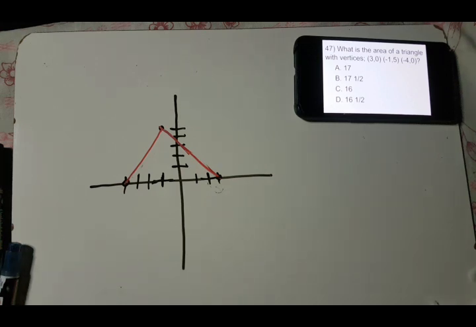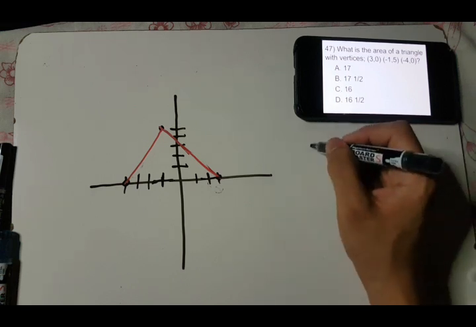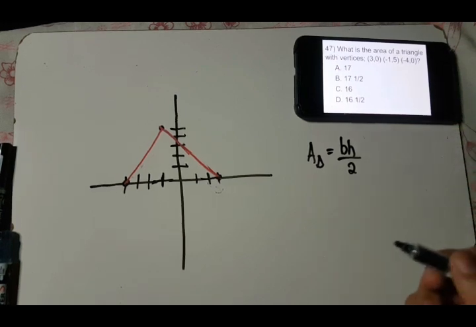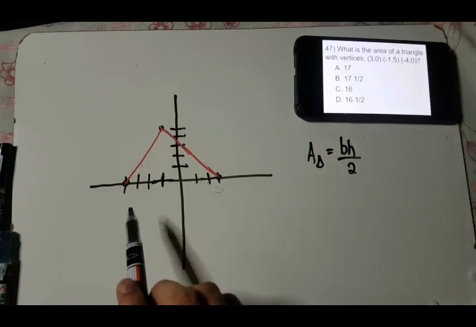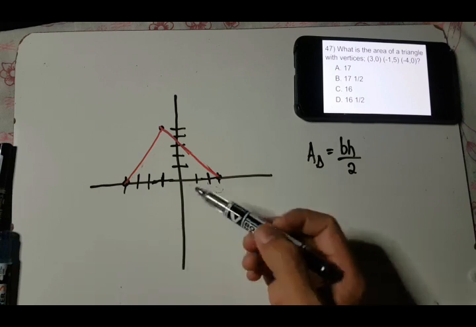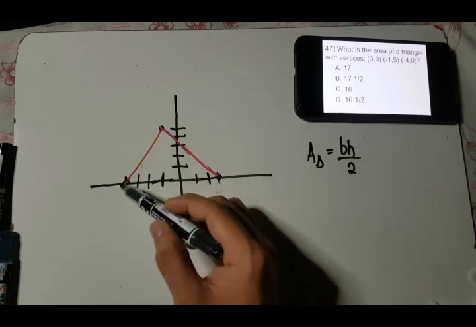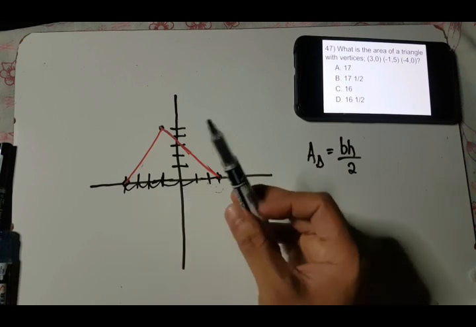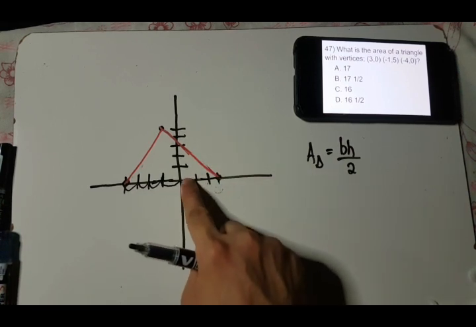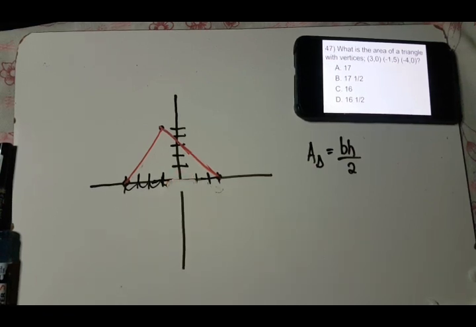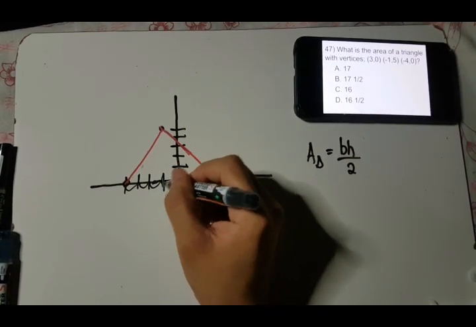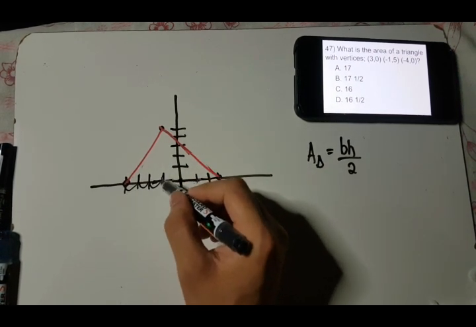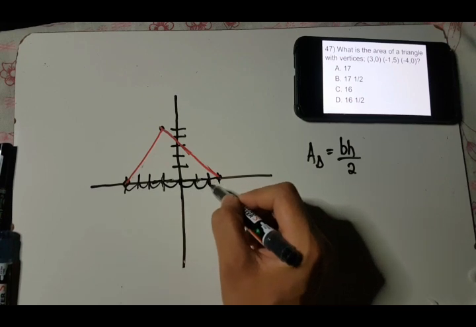Alam nyo naman yung formula for the area of a triangle is base times height over 2. Kuhanin lang natin yung base dito. Count natin: 1, 2, 3, 4, and again 1, 2, 3, 4, 5, 6, 7.